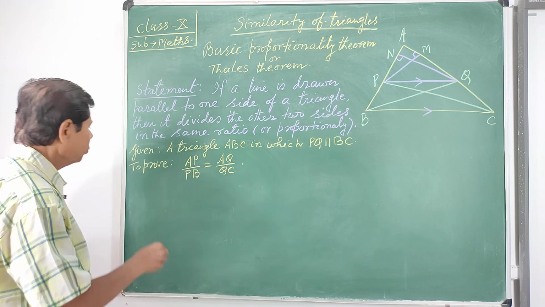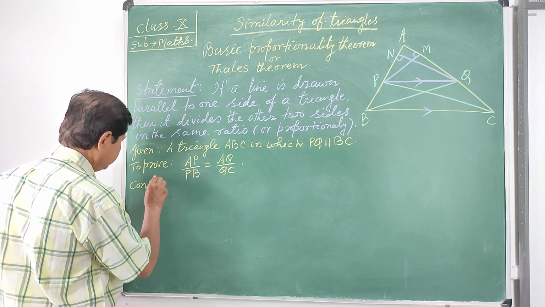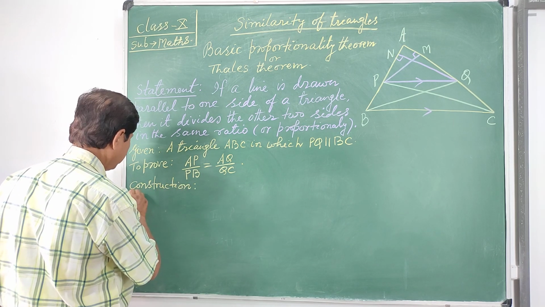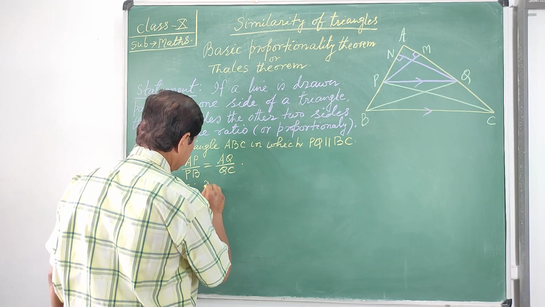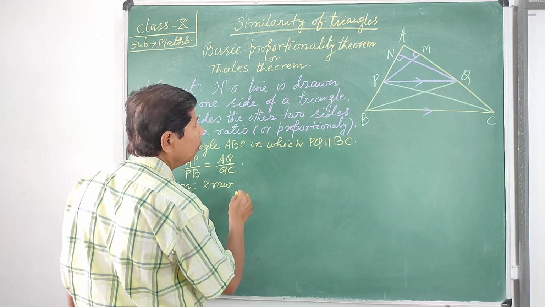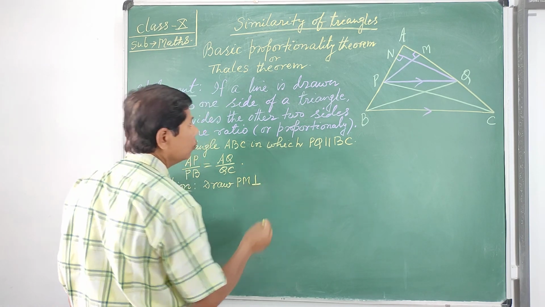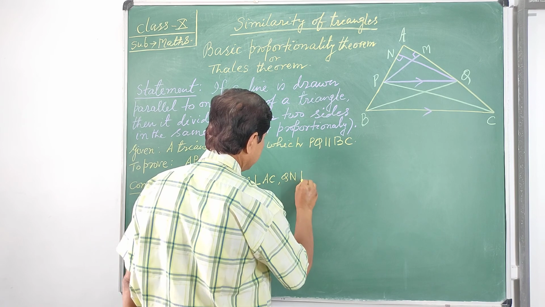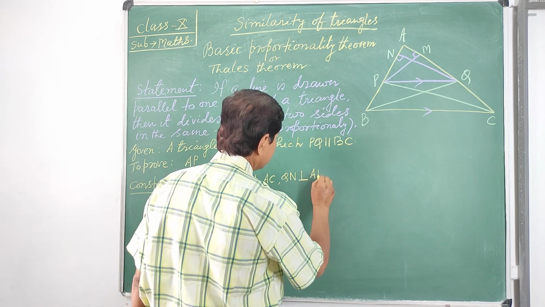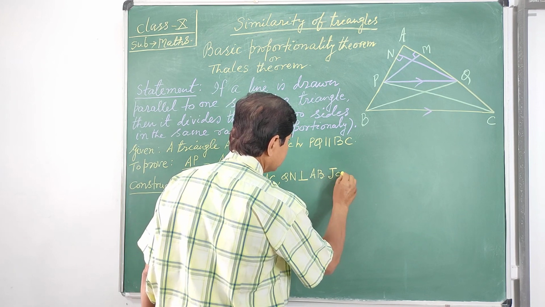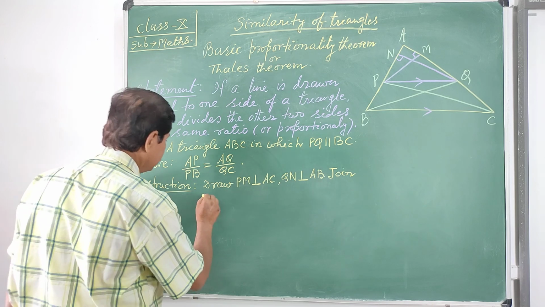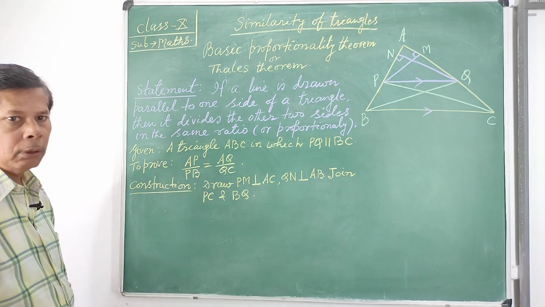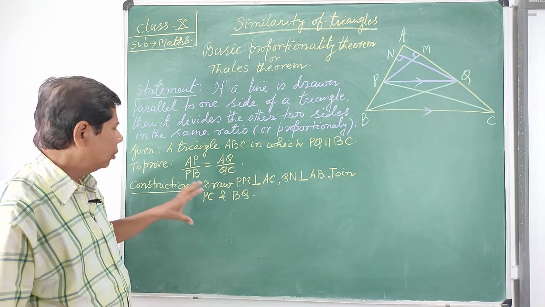So we have to write those things in construction: PM perpendicular to AC, QN perpendicular to AB, join PC and BQ.